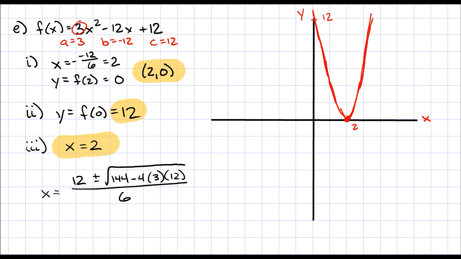And I encourage you to work through this, but if I calculate the stuff under the square root, it all turns out to be 0. So the square root of 0 is 0. The plus or minus doesn't matter, because whether I'm adding 0 or subtracting 0, I get the same thing. Regardless, it's going to be 12 over 6, which is 2. So you can see how you would only get one solution for the x-intercept in this case. That's just x equals 2.